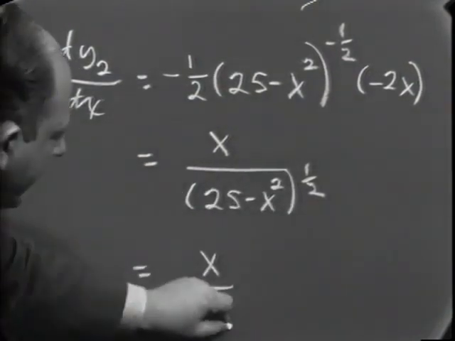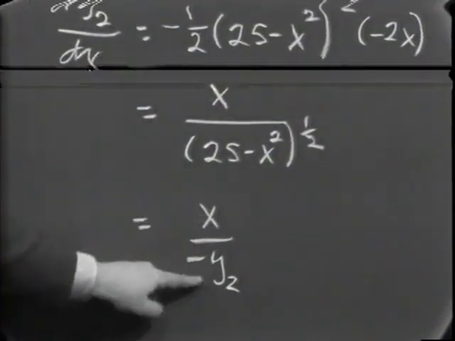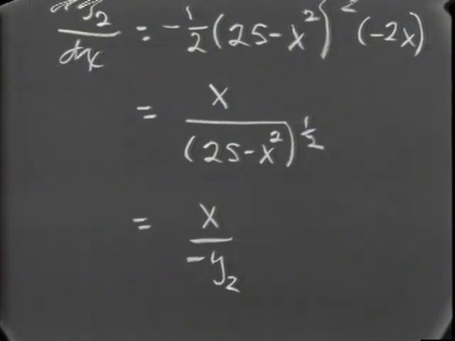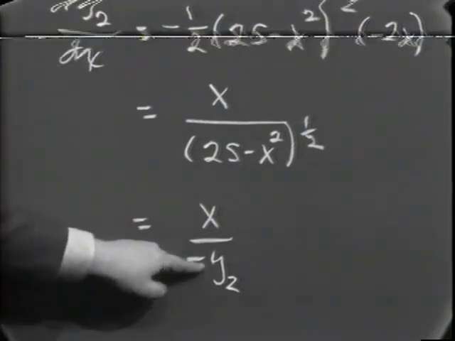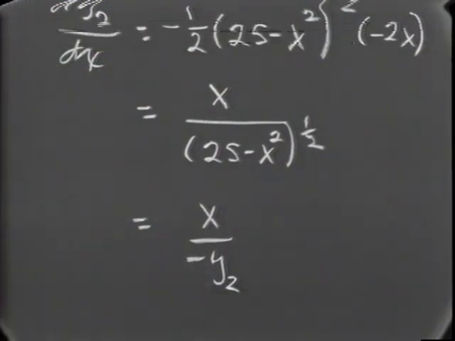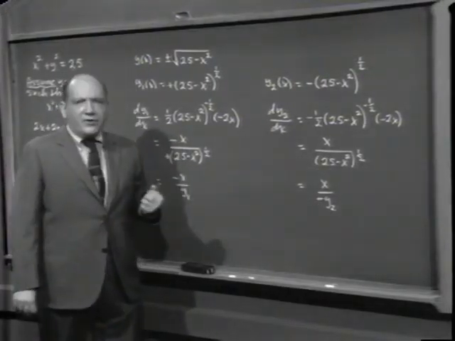So this is really negative y2. By the way, notice again that we get the same answer here as we did here. I like to keep the minus sign with the appropriate term. In other words, notice it was the fact that y was multi-valued that caused us to have two different possibilities here in the first place.